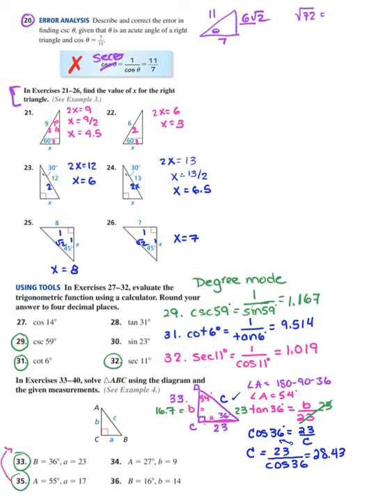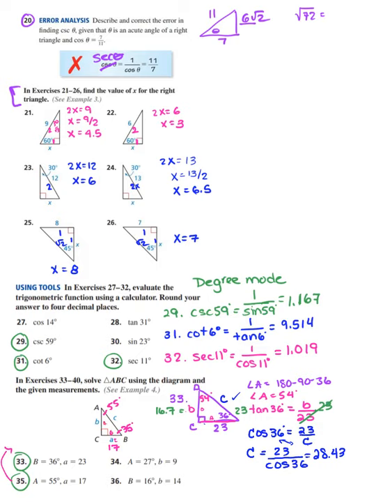So on 35, we know that A is going to be 55 degrees and little a is 17. So right off the bat, we can figure out B, 90 minus 55, which is 35. To solve for little b, this is opposite of my 55 that I was given.